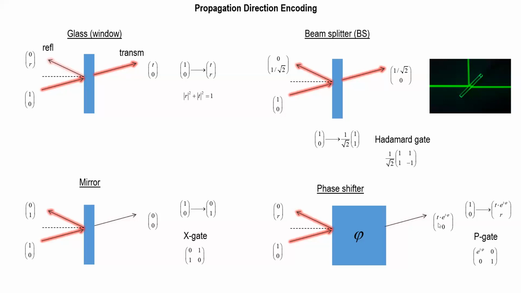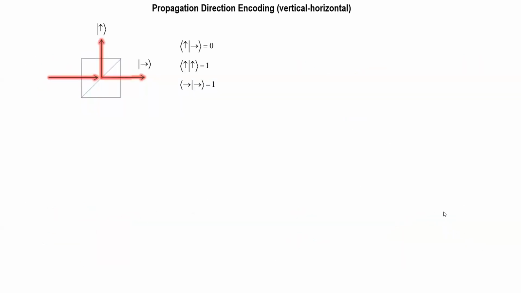So this element adds some additional local phase to the amplitude of the transmitted wave. And in other words, this element works as a P gate.